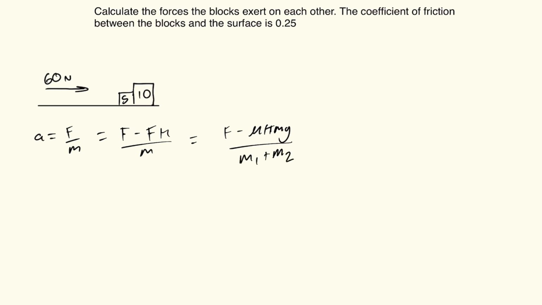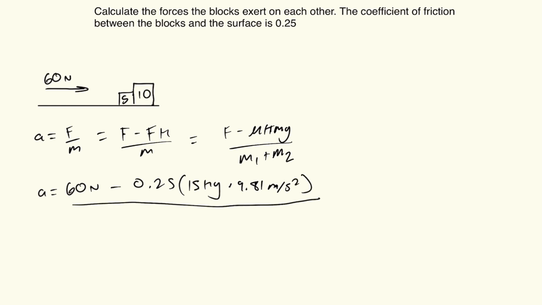Now if we plug the values in, acceleration is equal to 60 newtons minus 0.25 times 15 kilograms, which is the total mass, times 9.81 meters per second squared, all over 15 kilograms.